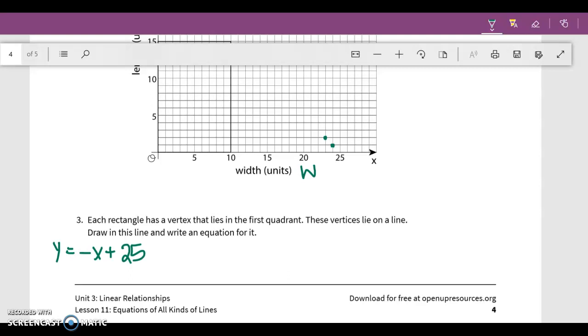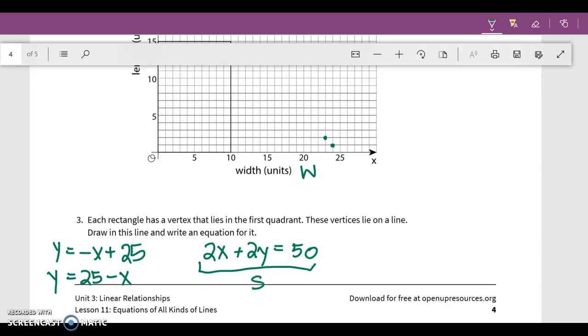So there's more than one way to show this equation. You can rewrite it as y equals 25 minus x, which is the same thing. Or there's another way to show it: 2x plus 2y equals 50. Because we know if I multiply by 2 for the width plus multiply by 2 for the length, then I'll get 50. So this is a new way to show an equation, and we have a name for it.